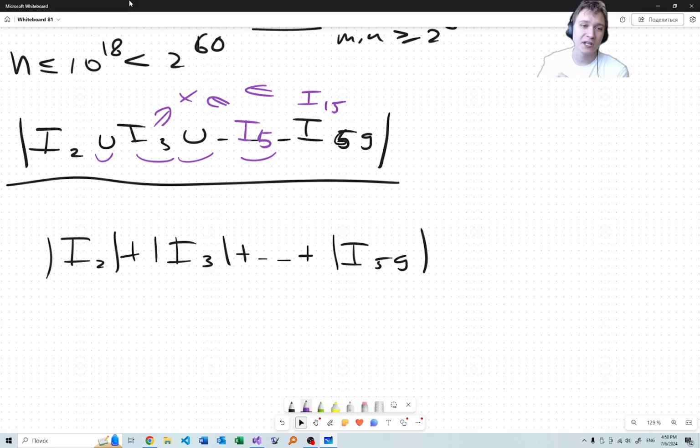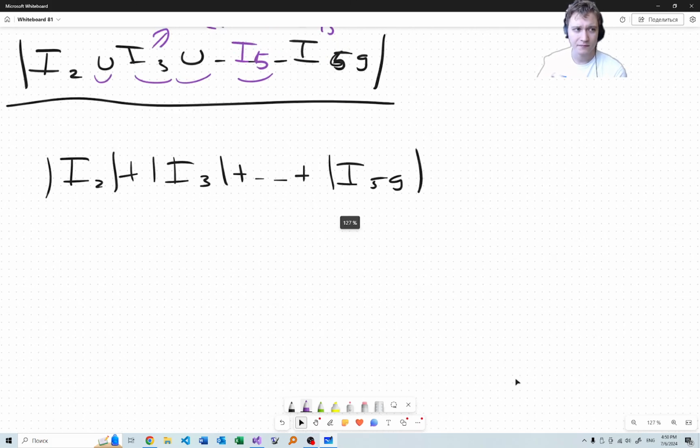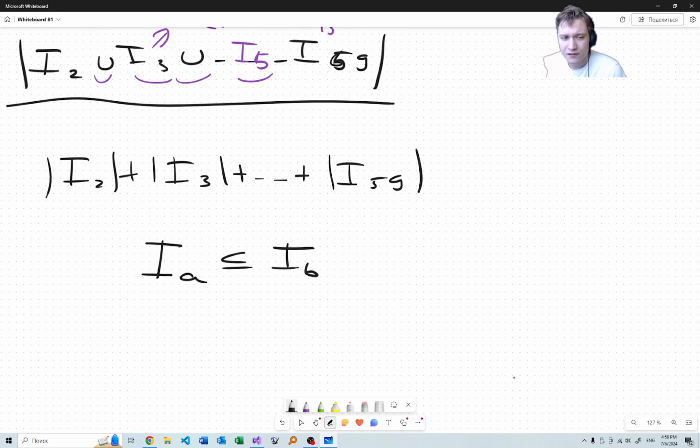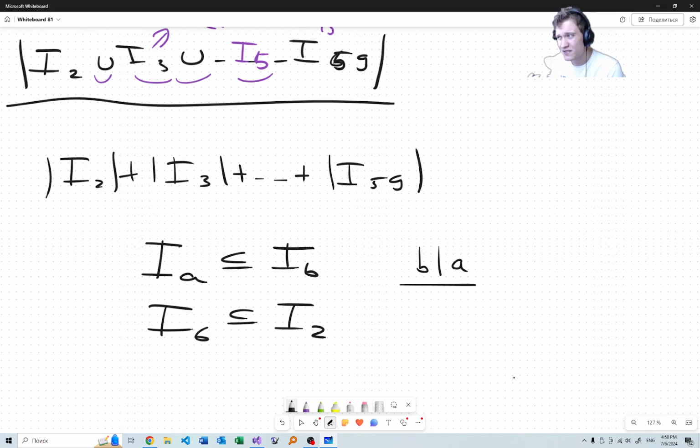Let's explore how we can avoid it. We need to understand several things for that. First of all, IA is a subset of IB if B divides A. For example, I6 is a subset of I2, because if some number is a 6th power, then it's definitely a 2nd power and a 3rd power.